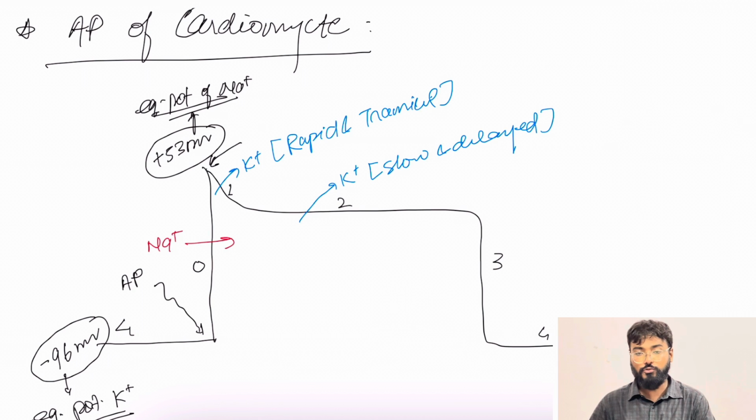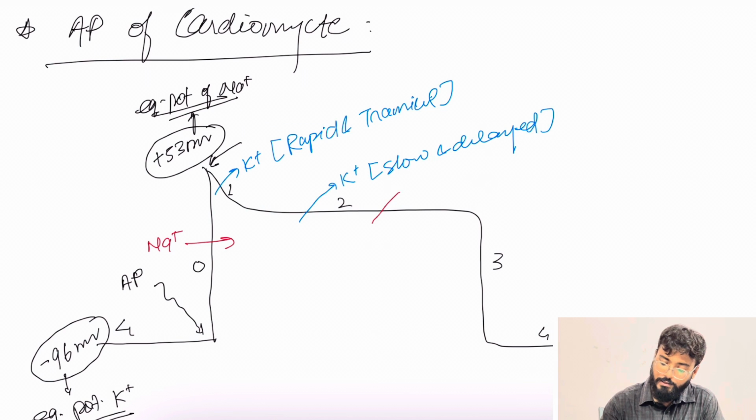Further, in phase 2, which is called the plateau phase, there is also influx of calcium ions from the extracellular space into the sarcoplasm through the calcium channel.